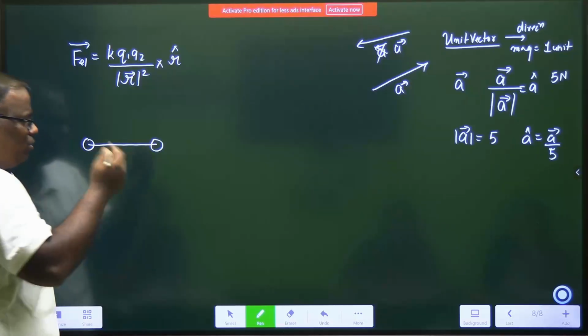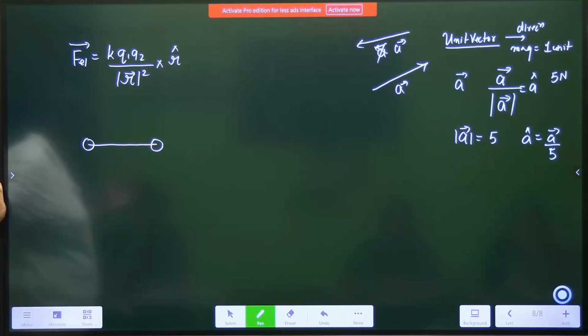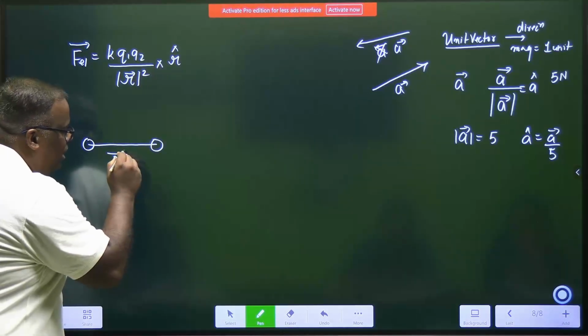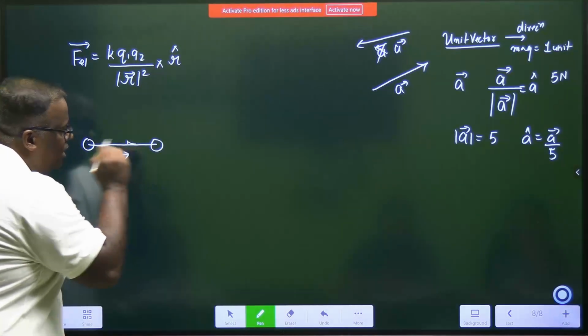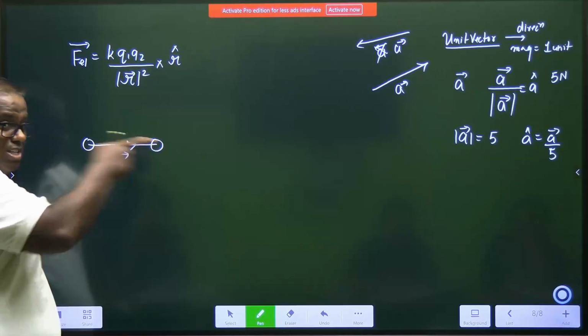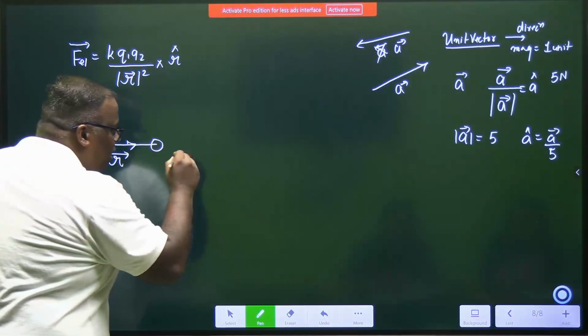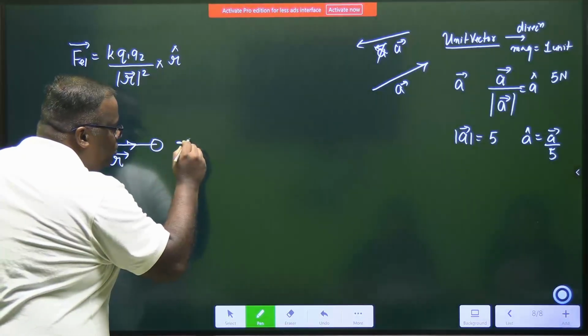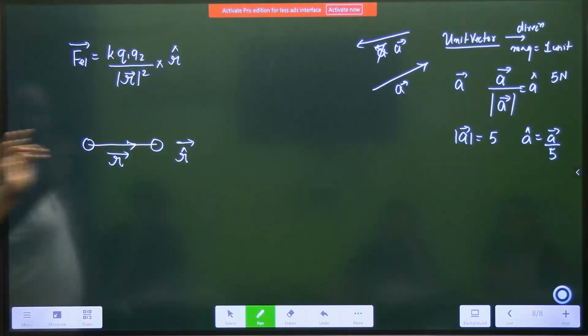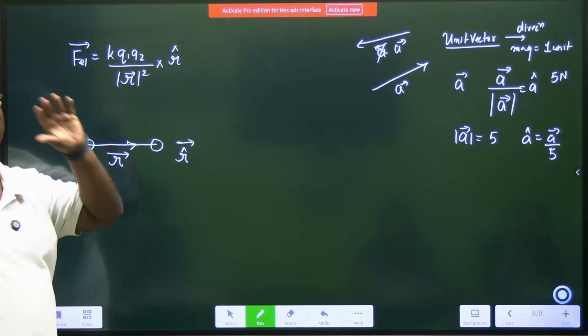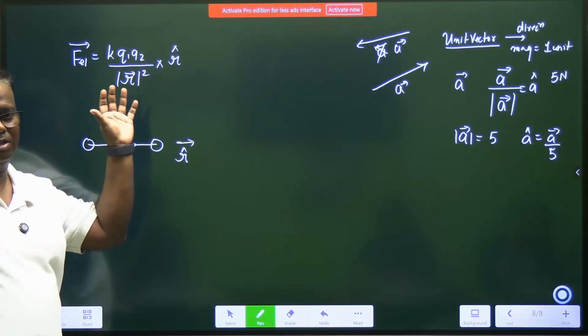So I have to take an arbitrary direction of R. Let's say R is a vector and the arbitrary direction of R is on this side. R is a displacement vector, not distance. Then tell me, R cap will point in which direction? Same direction. That is the direction the force will be taking up. This is the nutshell of Coulomb's law in vector form.